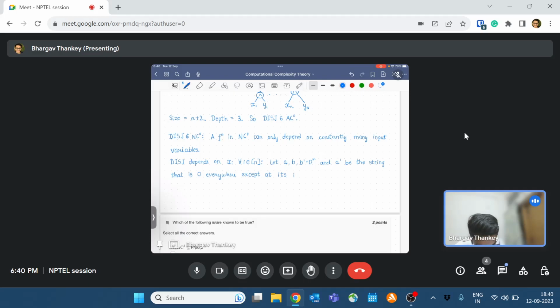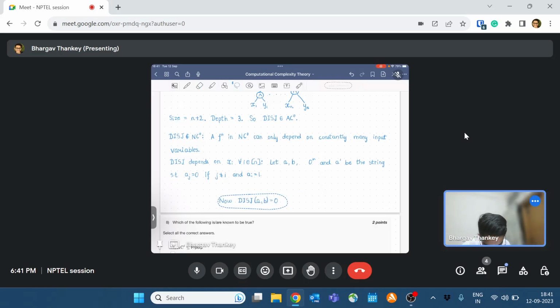A better way to write it is this: a string such that Aj, that is the jth bit, is 0 if j not equals i and Ai is 1. Now, disjoint A comma B is equal to 0. Why? Because A and B are both all zero strings.